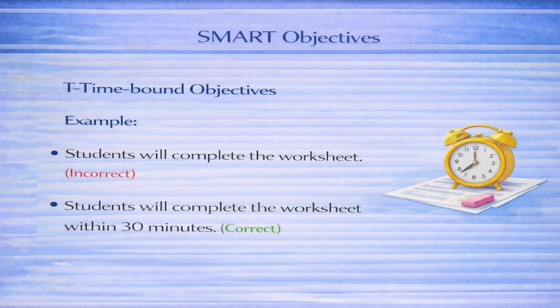In short, objective should be SMART because SMART objectives ensure lesson is focused and outcomes are achievable. I hope you have understood the characteristics of objective using SMART technique, that why objective should be SMART.